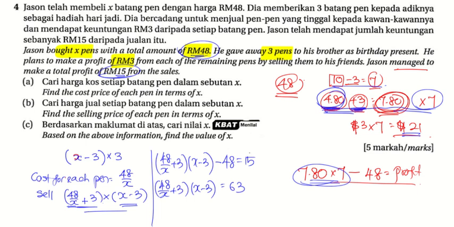Let's try to expand this one. If I expand this, I will write 48 plus 3X over X, times X minus 3, equals 63.